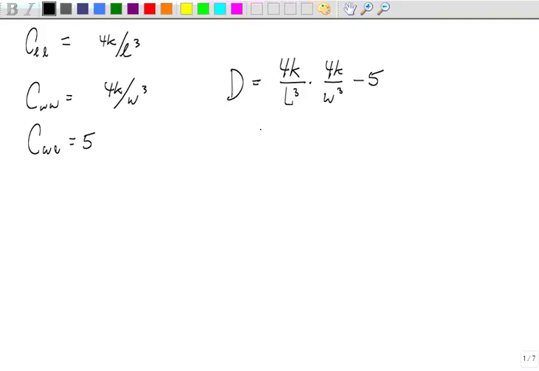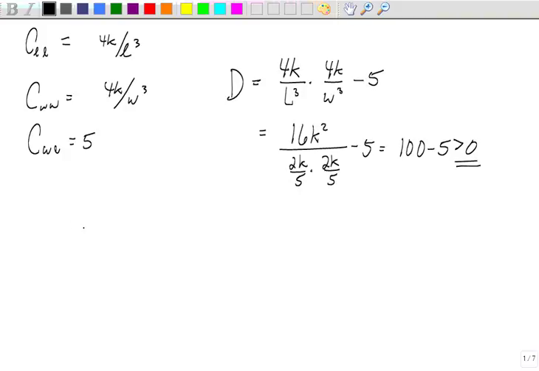And when I plug all these in, I get 16K squared over, when I know L and W, I'm going to plug them in here. I have 2K over 5, because that's cube root cubed. Then that's going to be 100 minus 5, and that's greater than 0.